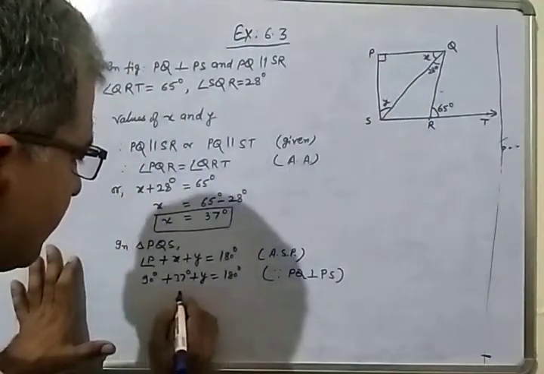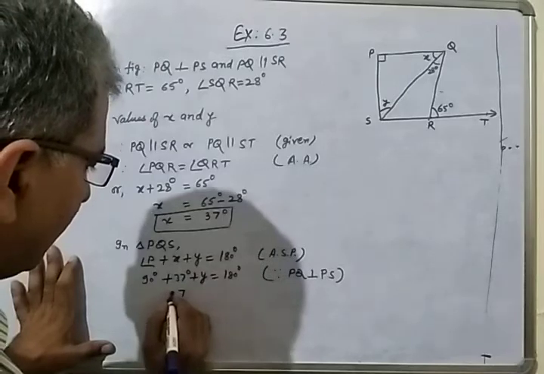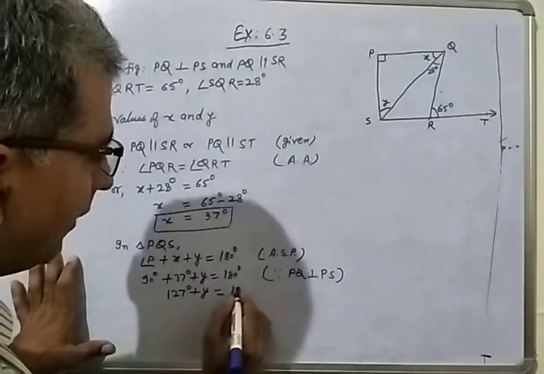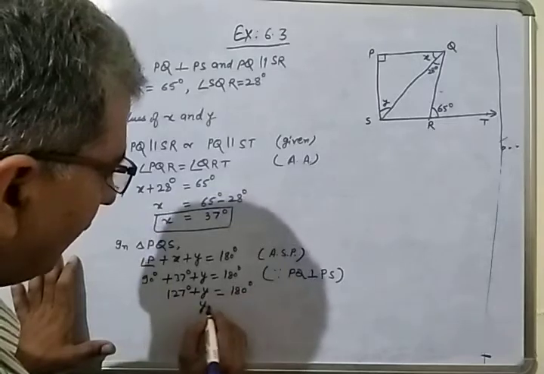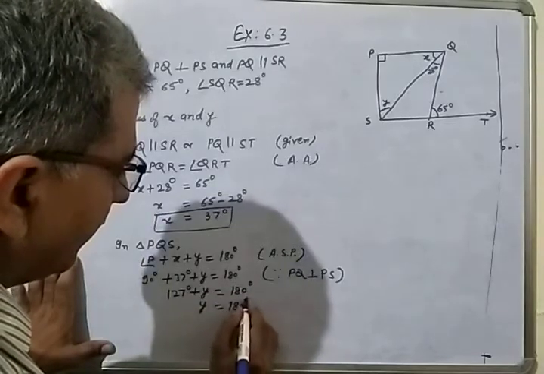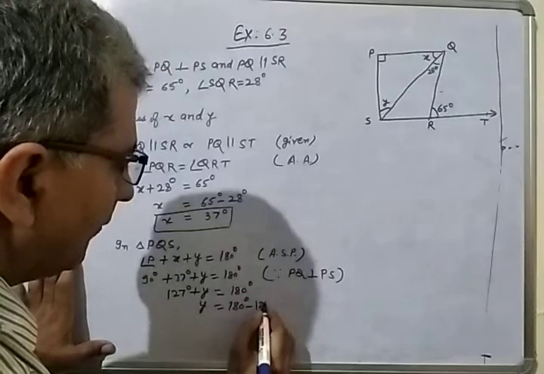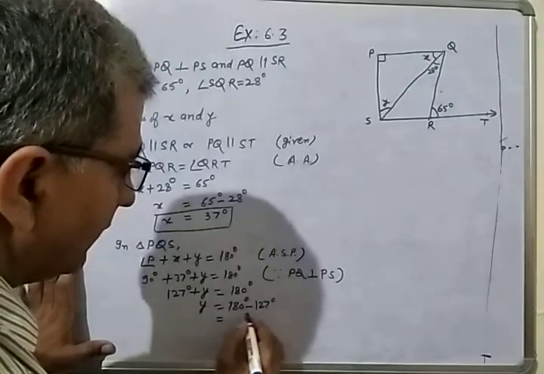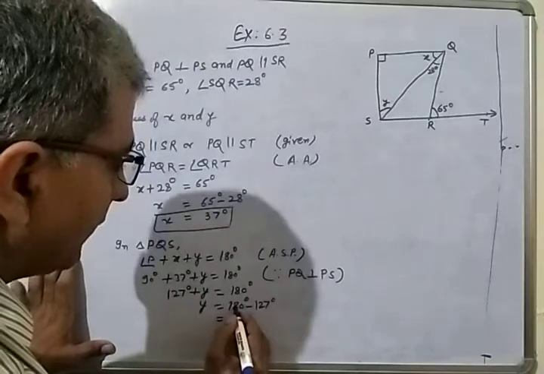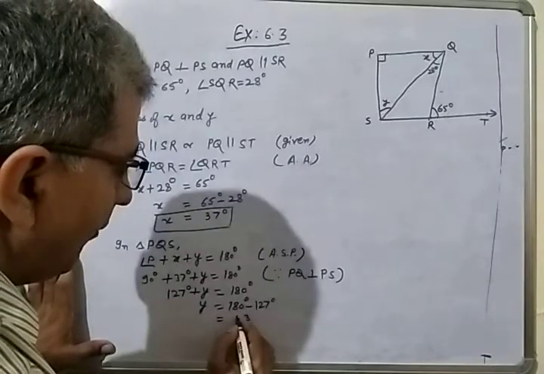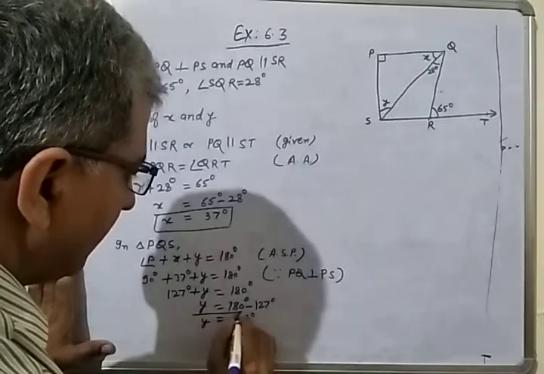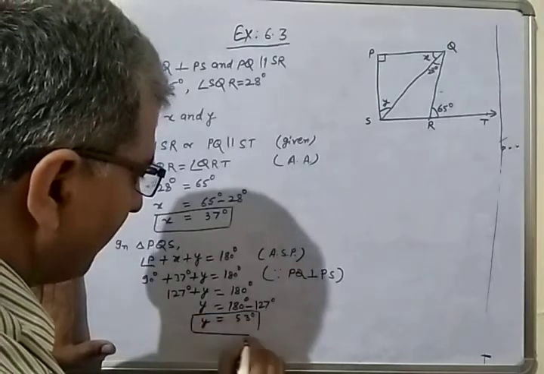Now add 90 plus 37, that is 127, plus Y equals 180 degrees, or Y equals 180 degrees minus 127 degrees. Subtracting, this will be 53 degrees. This is the value of Y.